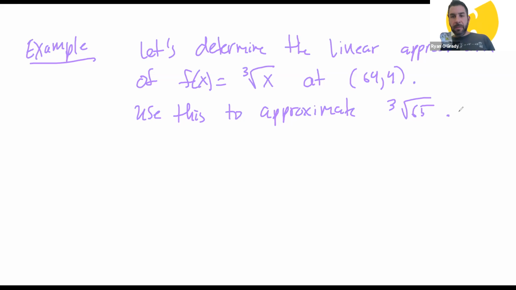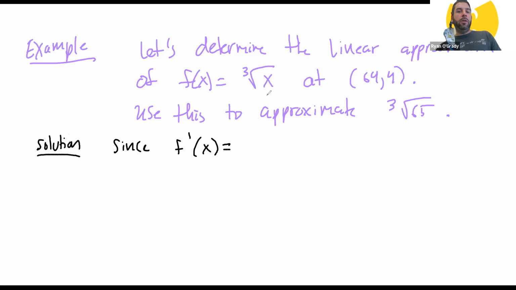So, here we go. Solution. We know the first step is we have to compute the derivative. What's the derivative of the cubed root? Well, it's 1/3 x to the power... Now, if the power of the cubed root is 1/3 and I subtract 1, I get negative 2/3.